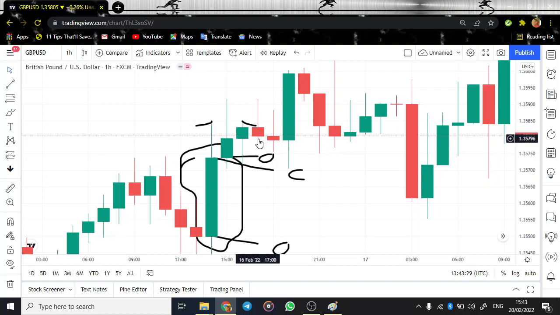It went a bit lower because you can see we have a small shadow here, but when time was up, it closed down here. So it opened up here, went up, went down. By the time it reached this level, this is where it closed.